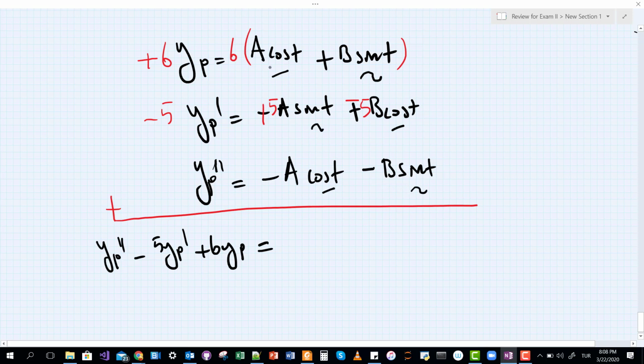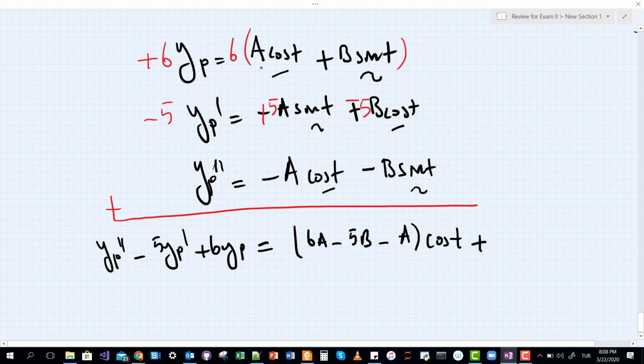So I have common terms, I can group them. For the cos t, I have 6a, and then another cos t, I have negative 5b, another cos t, I have negative a. This is for the cosine part.